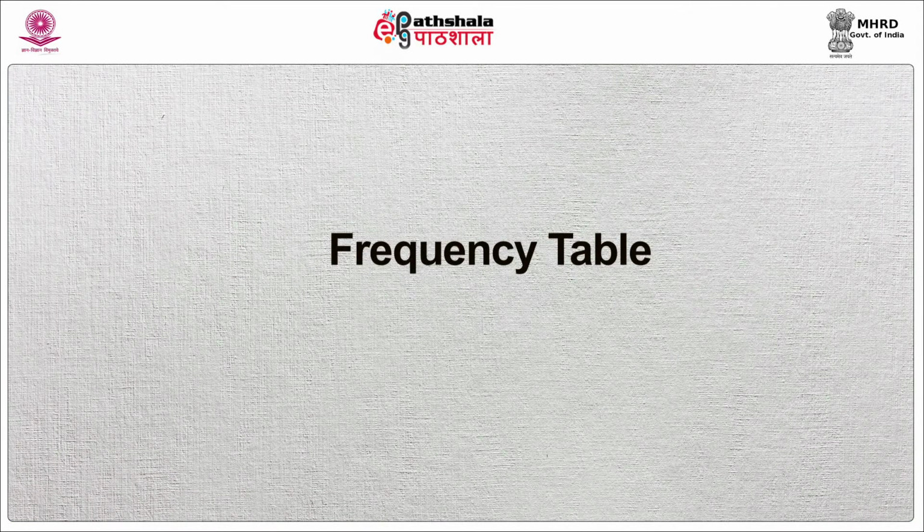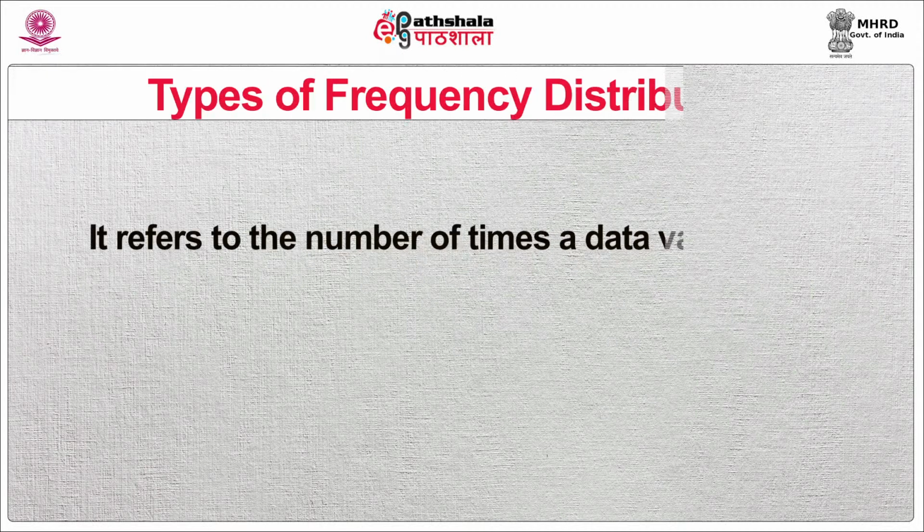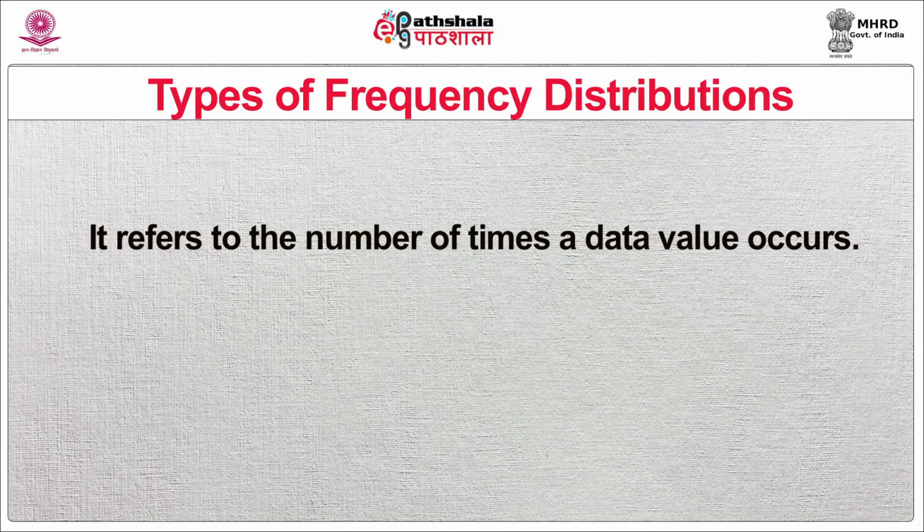The frequency again refers to the number of times a data value occurs. For example, if 5 students have a score of 70 in science, then the score of 70 would have a frequency of 5. The frequency of a data value is represented symbolically using the letter F.